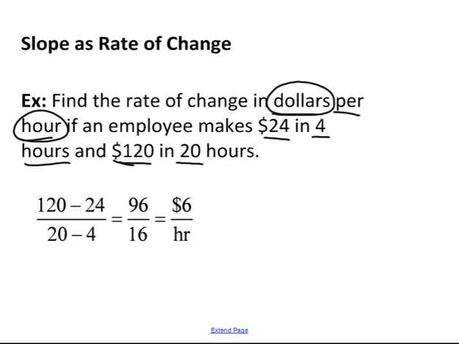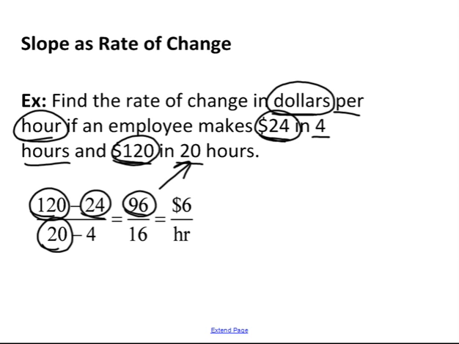So I take the second one, subtract the first one. That's the dollars, has to go on the top. 120, subtract the 24. You get 96. Then for the hours, again, if I started with the second one the first time around, I got to start with the second one the second time around.